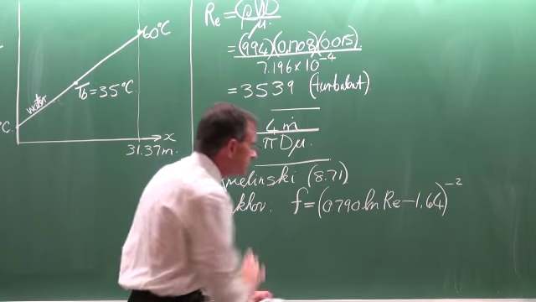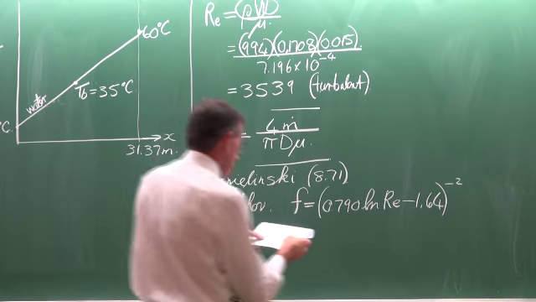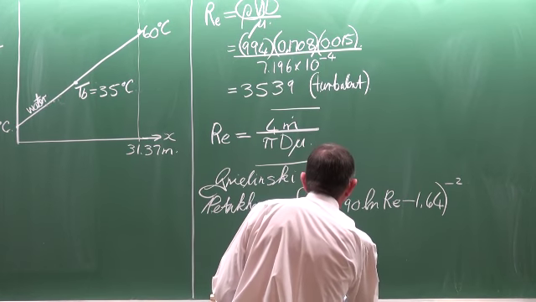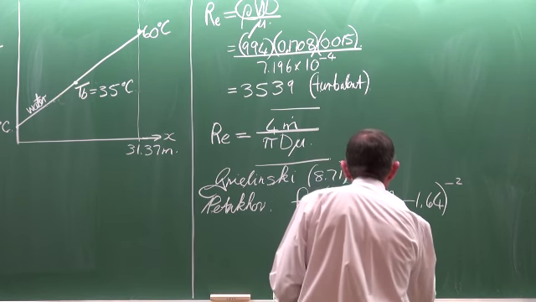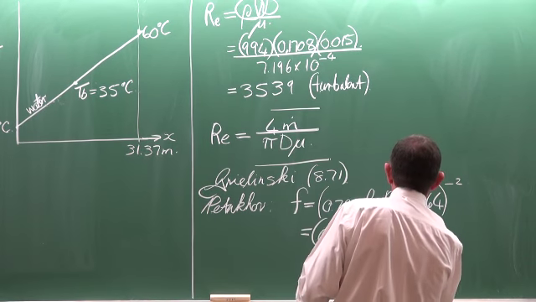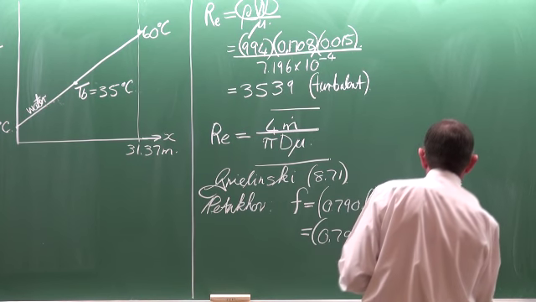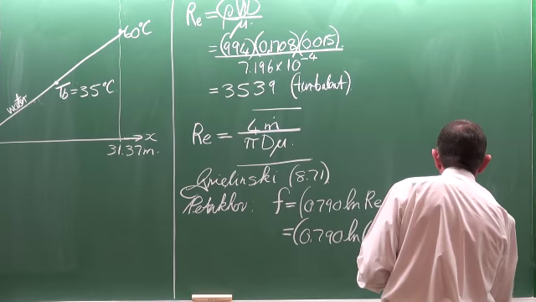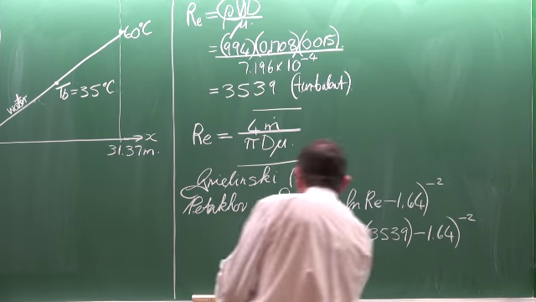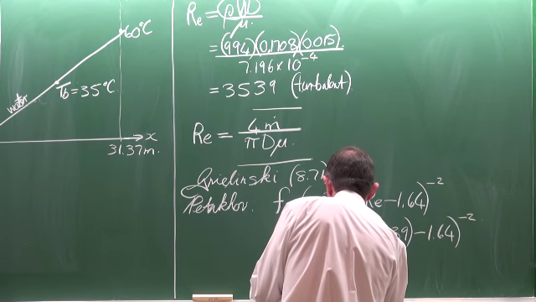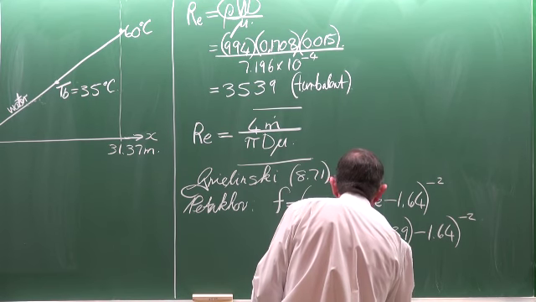But I'm going to use this very simple one, and if we do that, then it is equal to 0.790 multiplied by the ln of 3,539 minus 1.64, to the power minus 2, and the result is a friction factor of 0.04312.